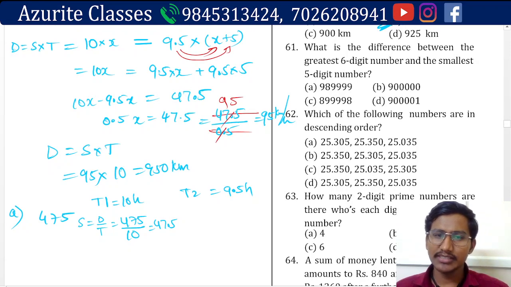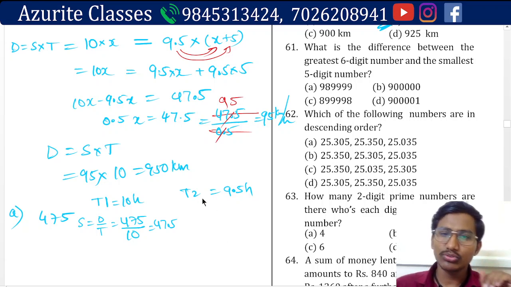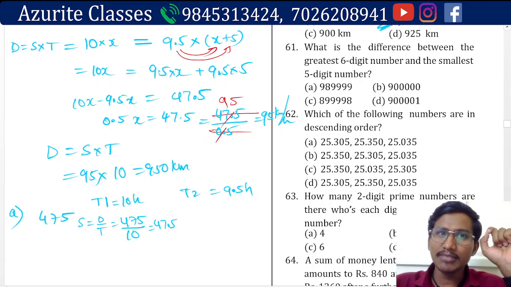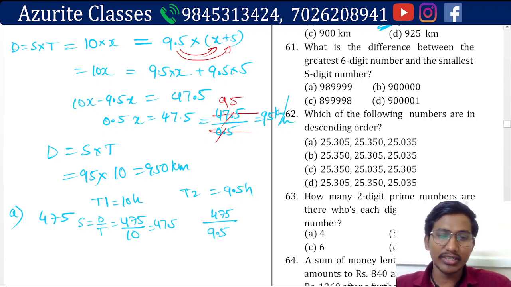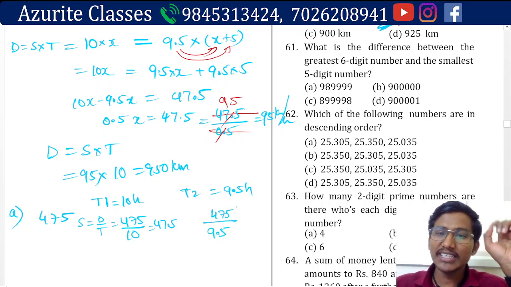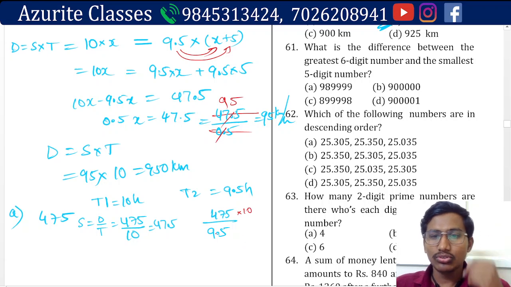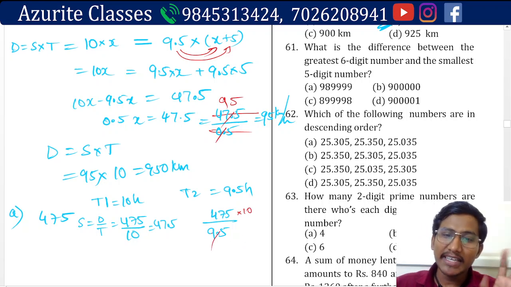So this speed came as 47.5. Here for the second time, what will the speed be? That is 475 kilometers of distance divided by 9.5. If you divide by 9.5, there is 1 decimal point, so multiply by 10 in the numerator. When you multiply by 10, this point will go away. 4750 divided by 95, the answer is 50.